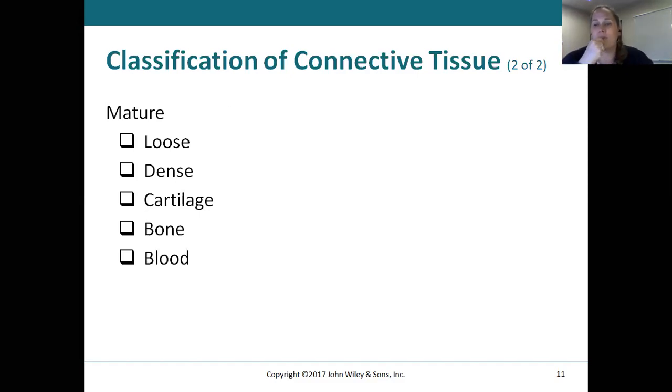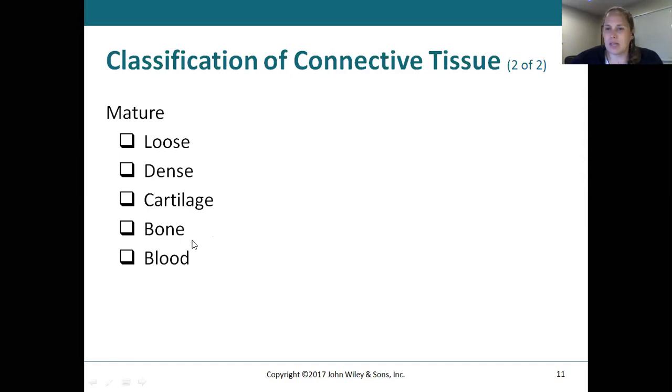Cartilage is much of what you would think of when you think about cartilage. That makes up part of the differences, or has a very close interaction with our bone. And then we have bone and blood. Since we'll be talking about bones in a couple chapters down, specifically right before we talk about the skeleton, we won't talk about bone a ton now, because bone and blood have such a very tight relationship and function.